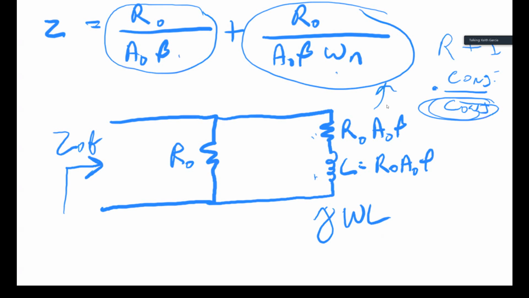I had a quick question about the input impedance. Do you do the same transformation from the admittance to the impedance like you did for the output? No, that one is more straightforward. Well, yes, actually, you do have to put it in that form.